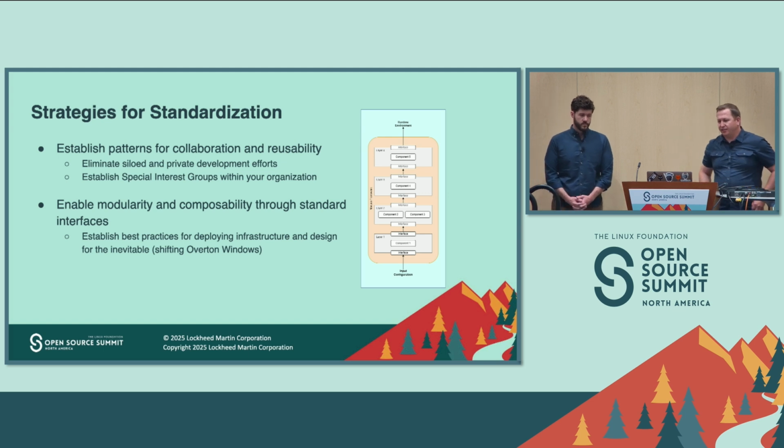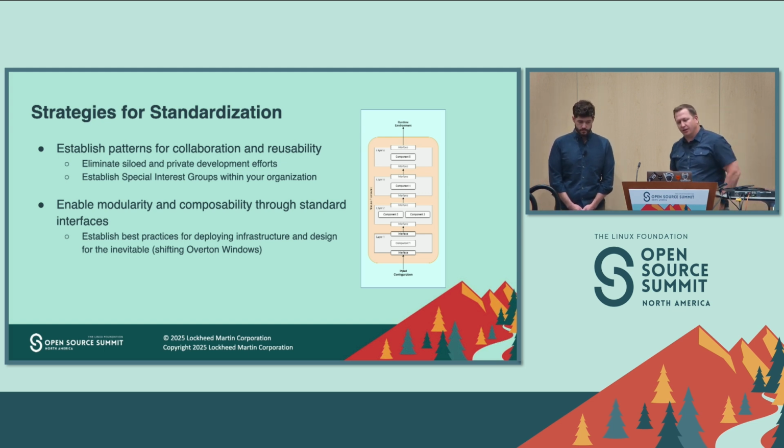So some strategies on standardization. Establish patterns for collaboration and reusability with the software you're using. Within Lockheed, we have a lot of silo development efforts. So how do you eliminate those silos? Start to think about establishing SIGs within your organization that talk about best practices, bring those teams that are doing the same things together, and start to collaborate.